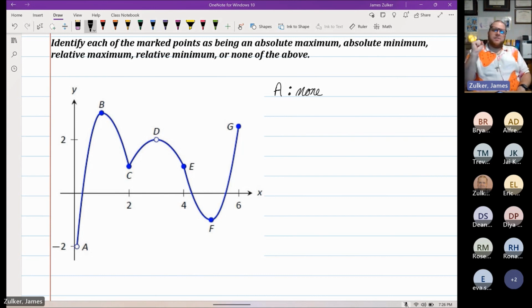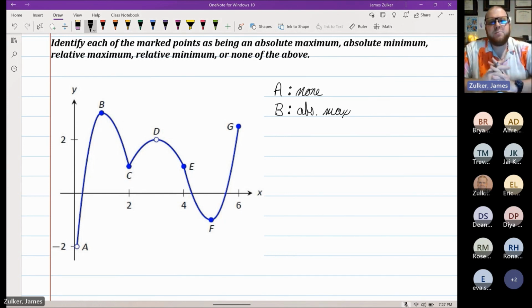Because the point A is not defined. Now look at B. This would be an absolute max.